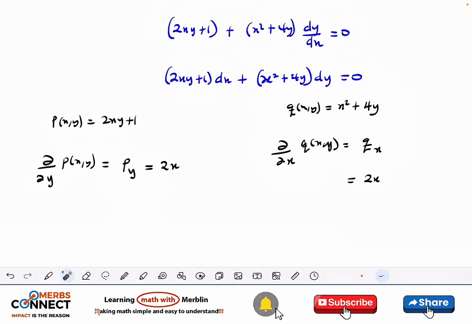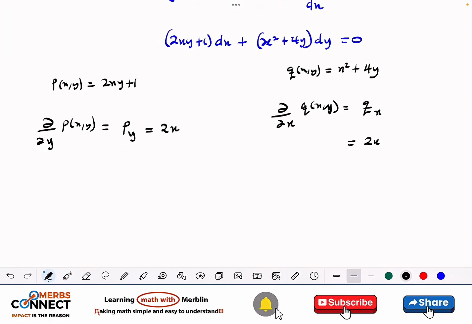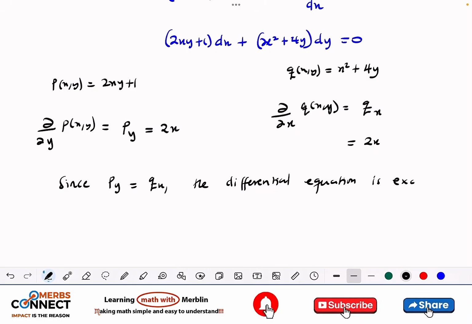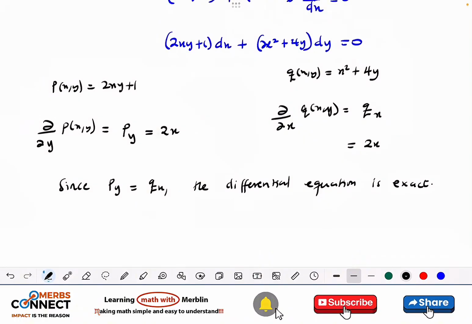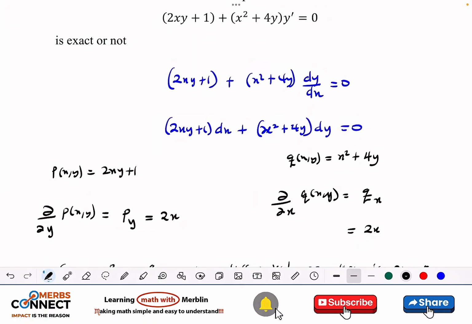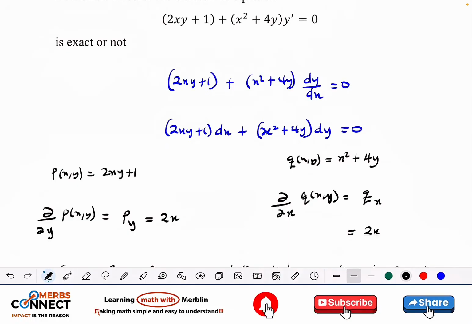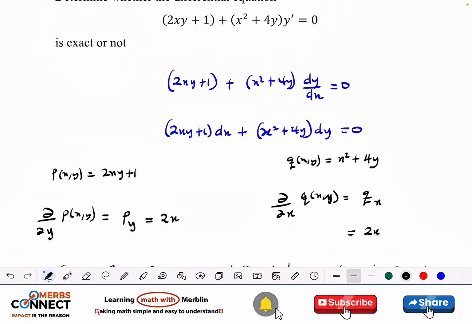We can conclude that since p of y is the same as k of x, the differential equation is exact. Very simple.